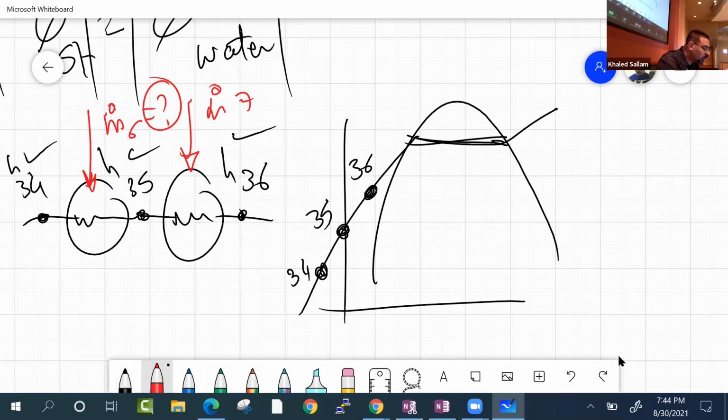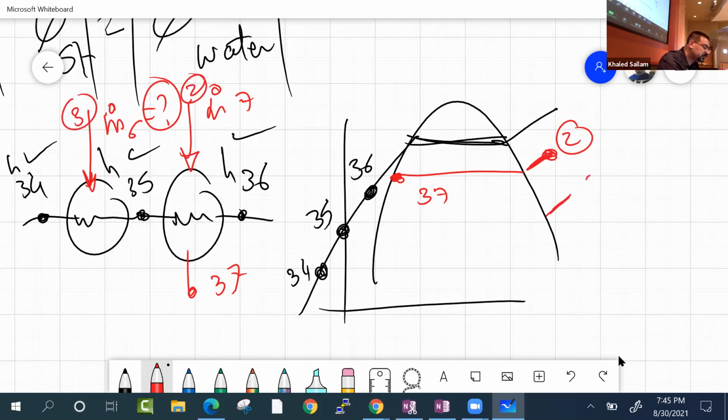I want to know this much. So we said that this is coming from here, so this is like state 2. It does its job and comes out here at, I don't know, 37. He realized that 37 is really hot, and he needs to do another job here. So this was coming in at 2, and let's call this 3. 3 was heating the water from 34 to 36, while it is going down to 38.